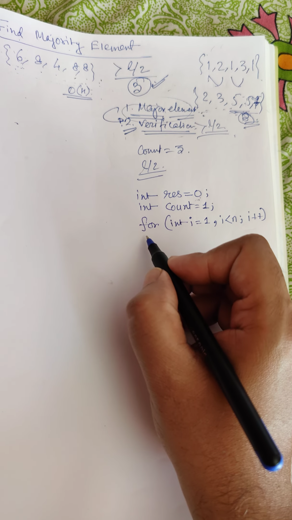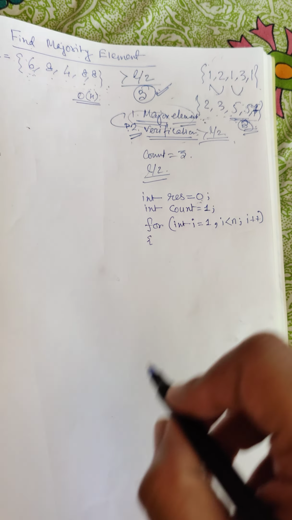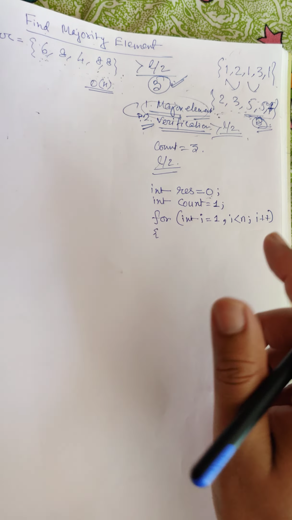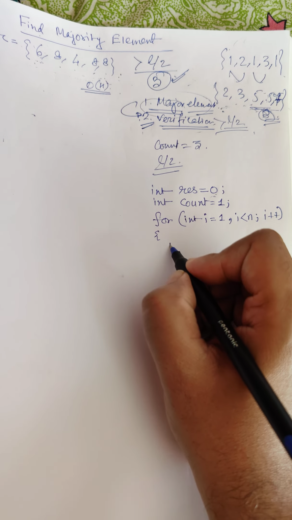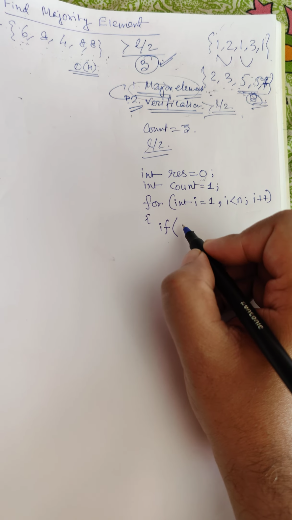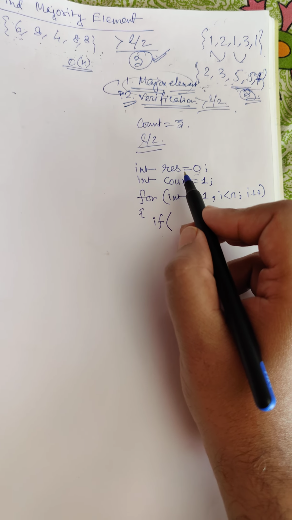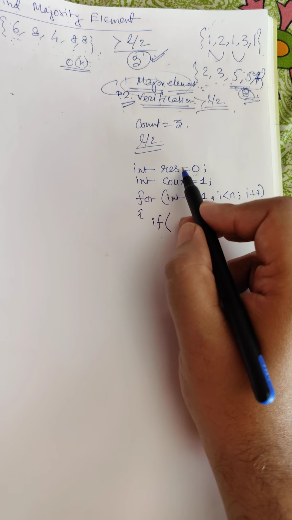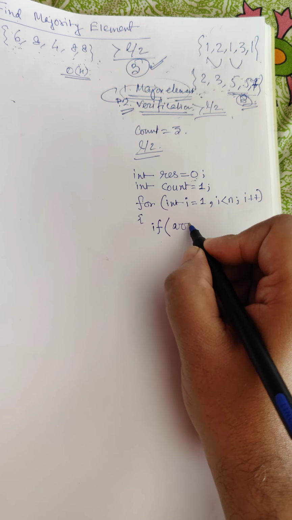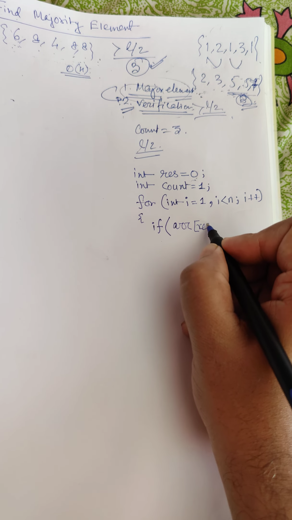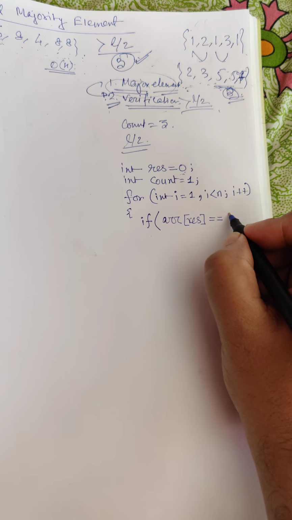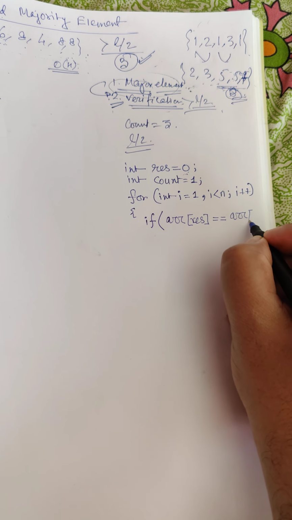Now there are three conditions that can happen here. The first condition is whether the value at our default result index is equal to the value at the current index or not.